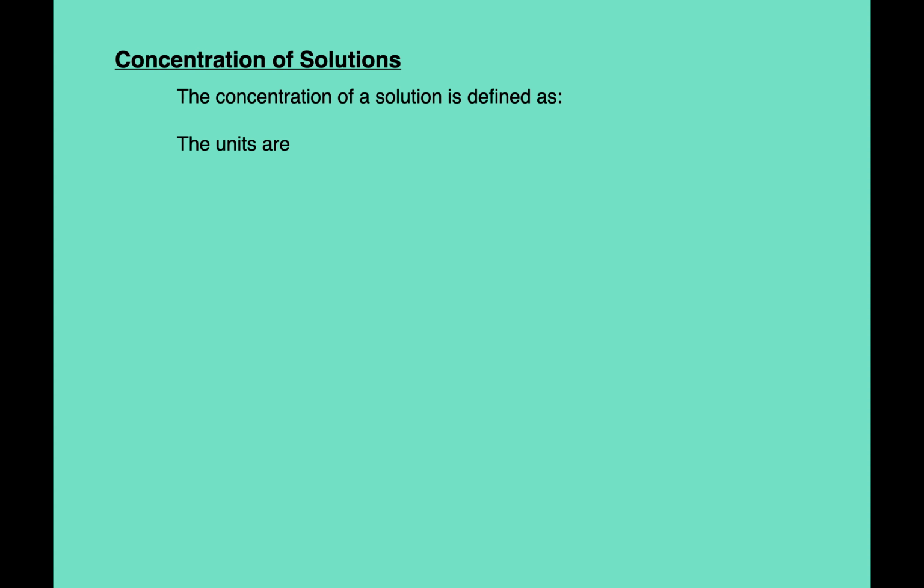In chemistry, the units that we're going to use, well, we use grams per decimeter cubed. Decimeter cubes we'll talk about in a second, but a decimeter cube is technically the same volume as a litre, but we use it when we talk about solutions. You could also use grams per centimeter cubed.